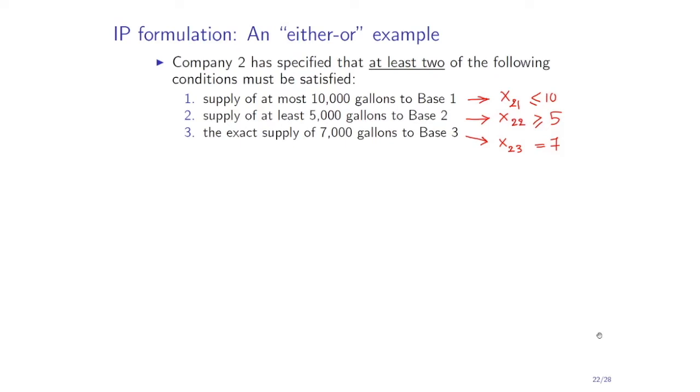The first thing that we should do, I mentioned this before, is that this type of constraint is hard to work with, so I decompose it. Remember that x23 equal to 7 is equivalent to 2 constraints: greater than or equal to 7 or less than or equal to 7. So instead of this, I will use these 2 constraints. They are tied together.